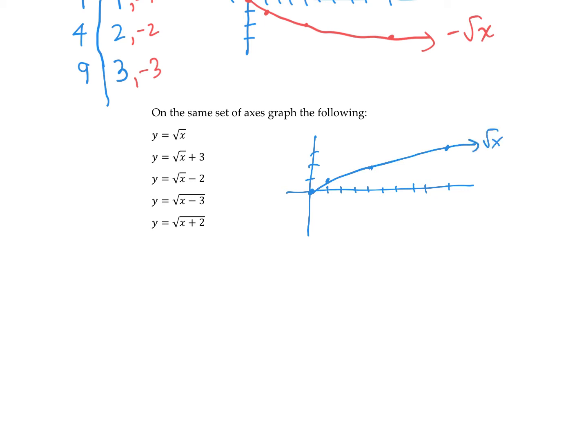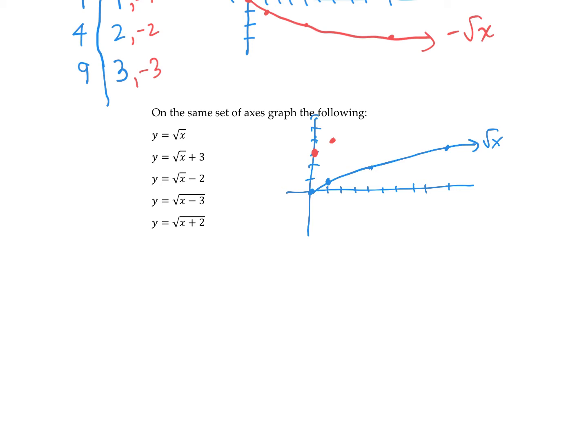If I went to graph root x plus 3, I'm going to take each of these answers for y and I'm going to add 3. So what does that look like? So the square root of 0 is 0, plus 3 is 3. The square root of 1 is 1, plus 3 is 4. The square root of 4 is 2, 2 plus 3 is 5.